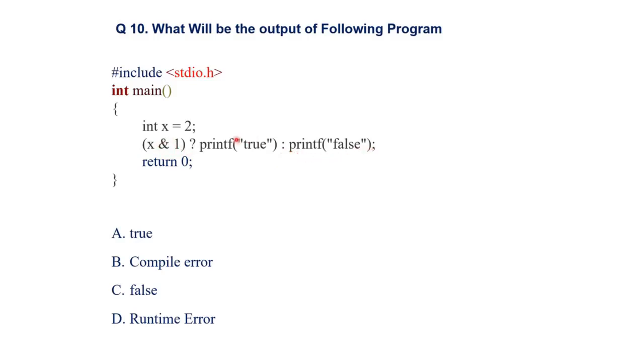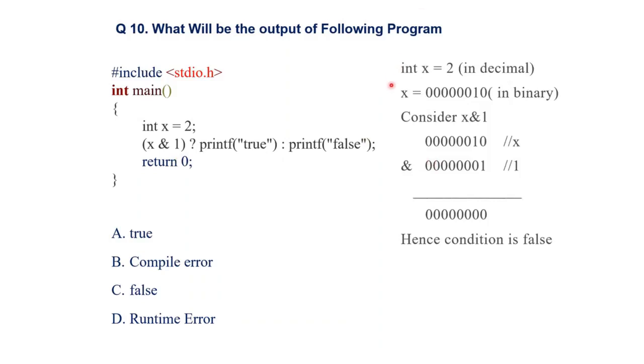Here in this program, firstly this expression is going to be calculated. Here the bitwise AND operator is used, so x & 1 will be evaluated, and let us see how.